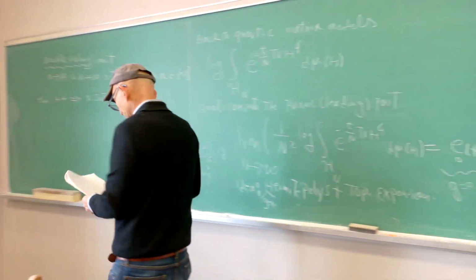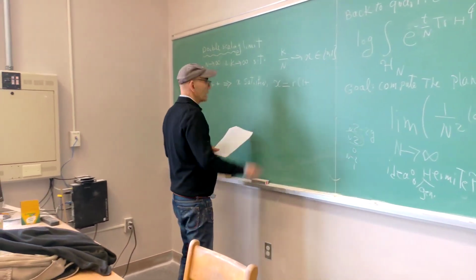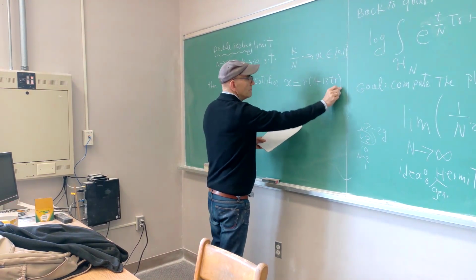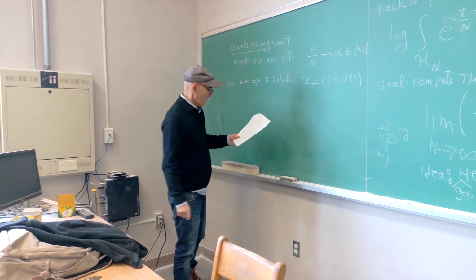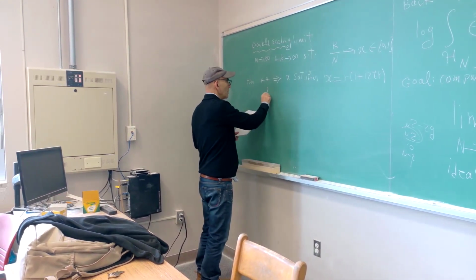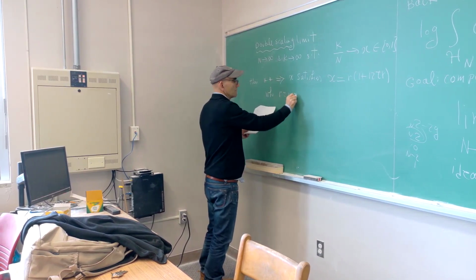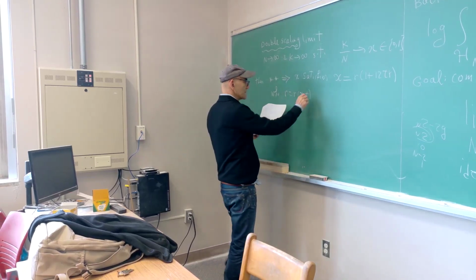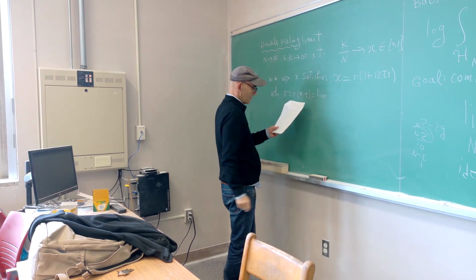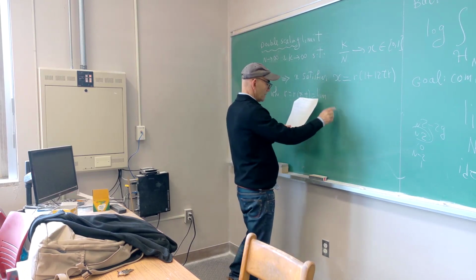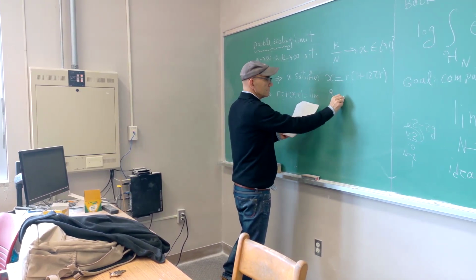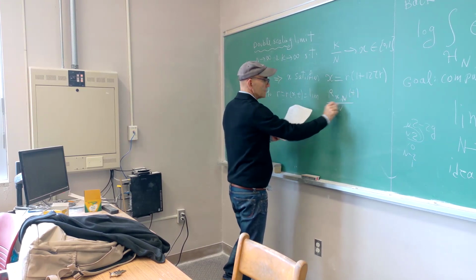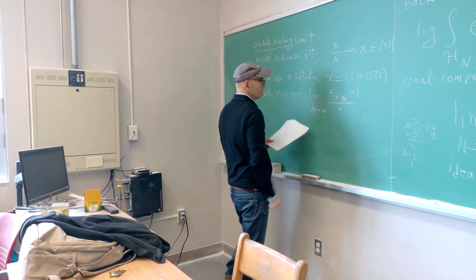So x is equal to r times 1 plus 12 t r, where, as I said, r is a parameter that depends on two things, x and t, which is the limit of r_k of t over n as n goes to infinity.